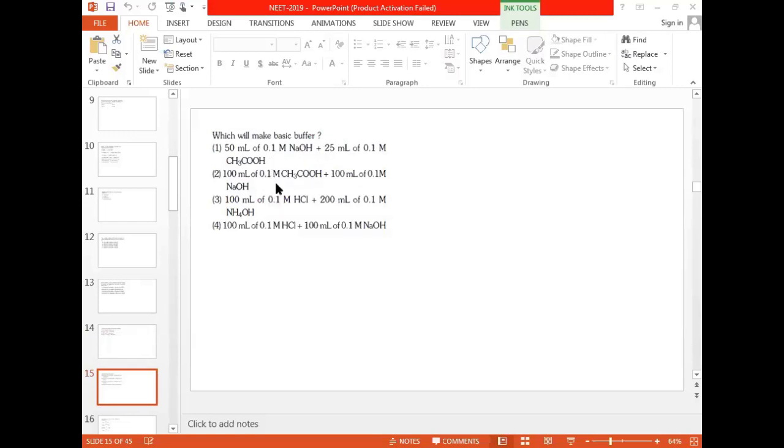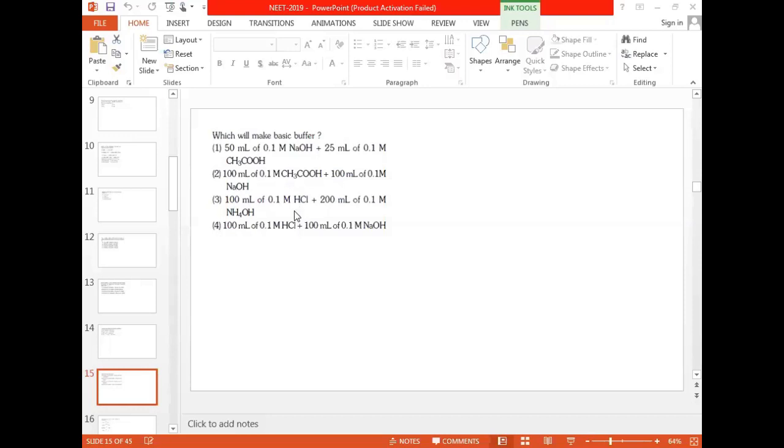Which will make a basic buffer? Which will make a buffer solution, it seems. Option one: 50 ml of 0.1 M NaOH plus 25 ml of 0.1 M acetic acid.